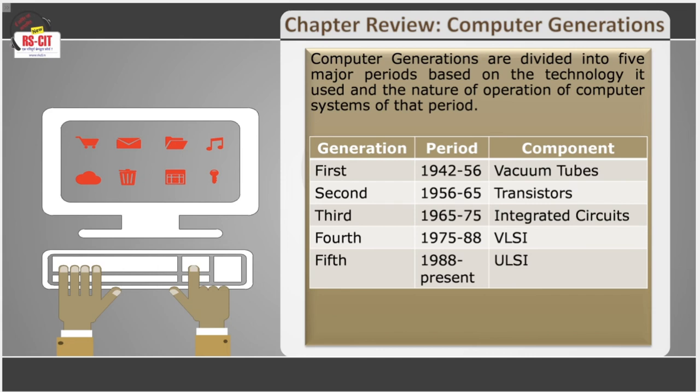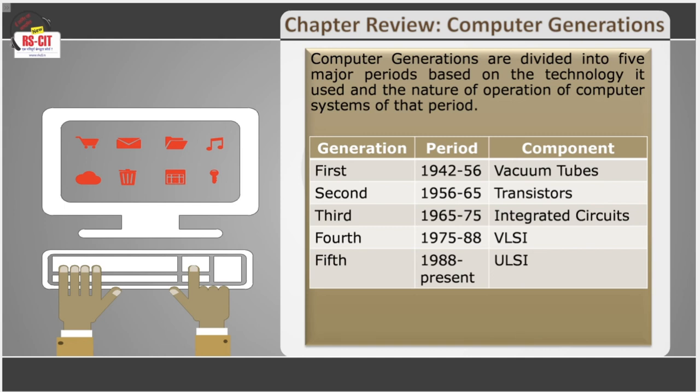Component: transistors. Third generation. Period 1965 to 75. Component: integrated circuits. Fourth generation. Period 1975 to 88. Component: VLSI. Fifth generation. Period 1988 to present.